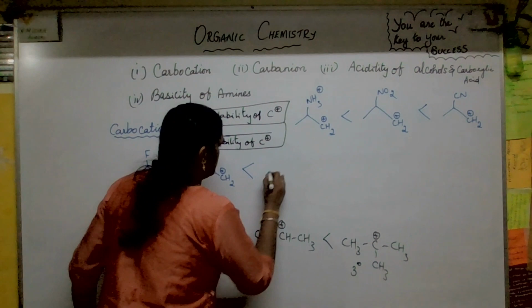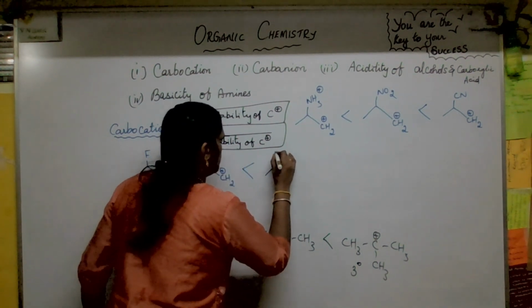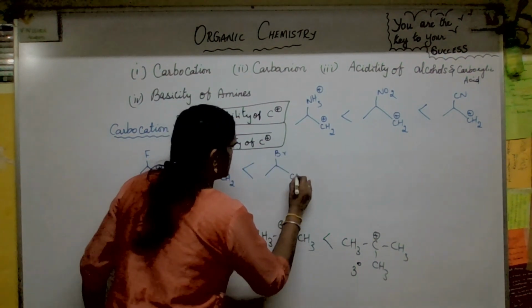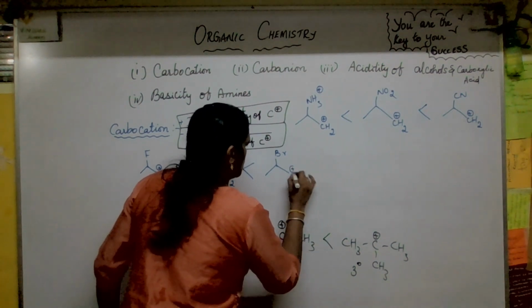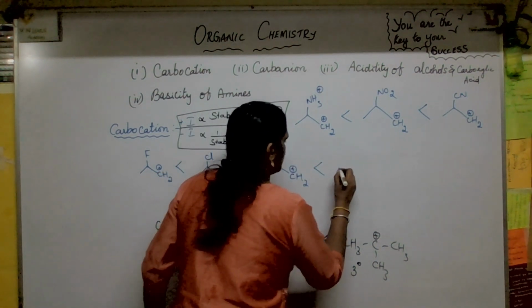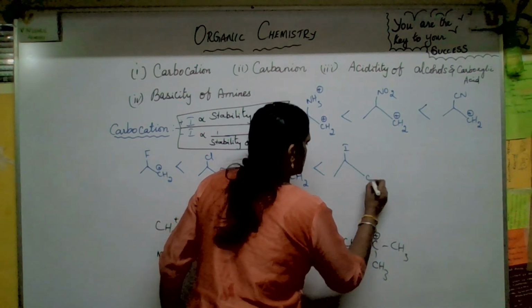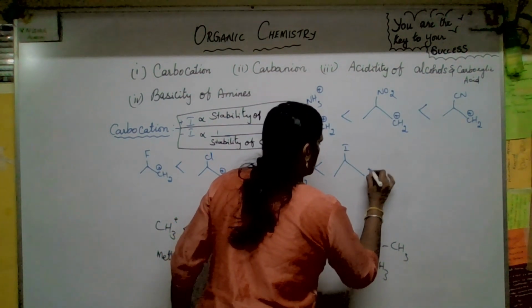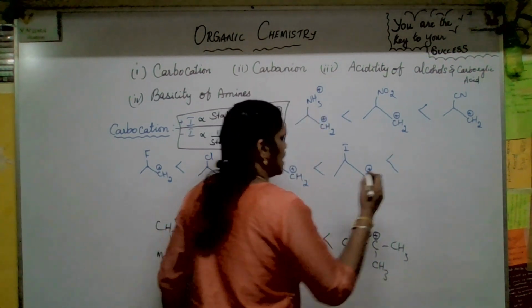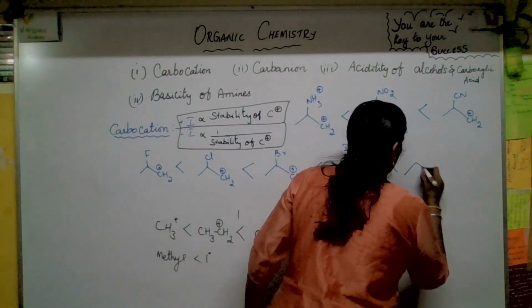Okay, now next one. Here fluorine, chlorine, bromine and CH2, and here iodine and CH2 positive charge, and lesser than. Here one more idea I would like to give you.